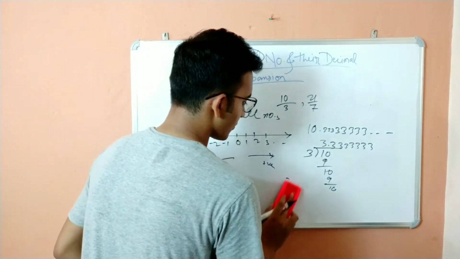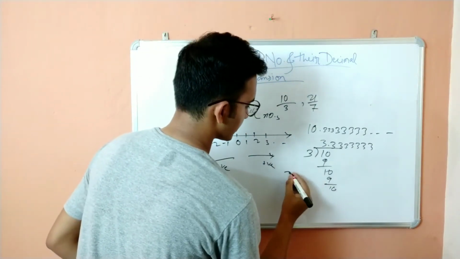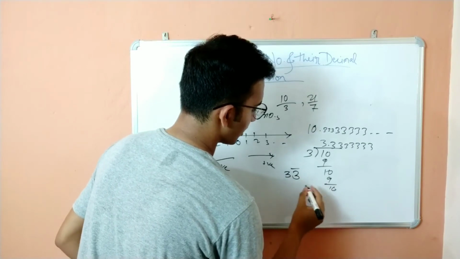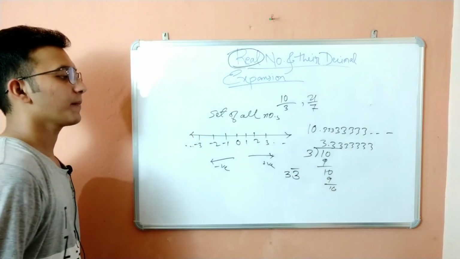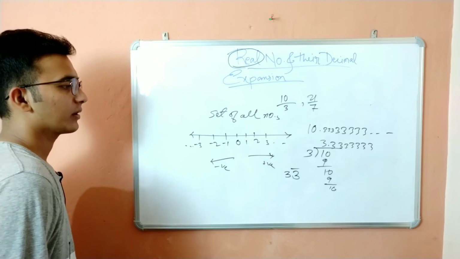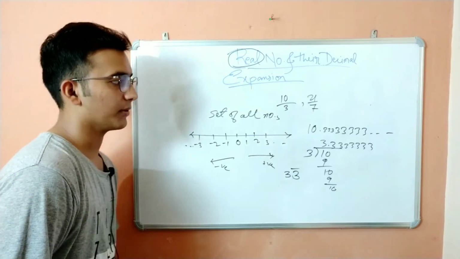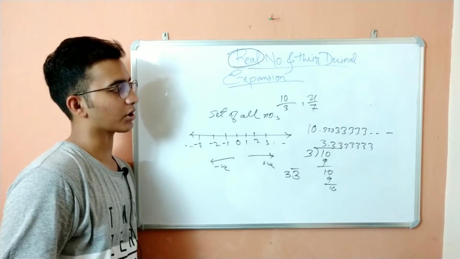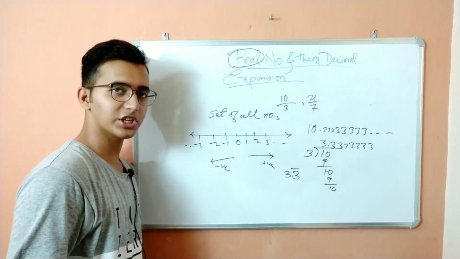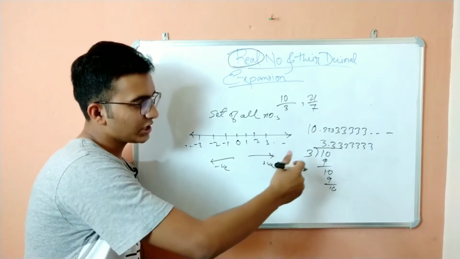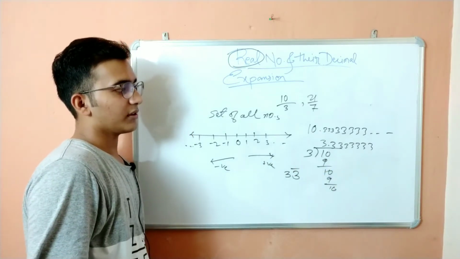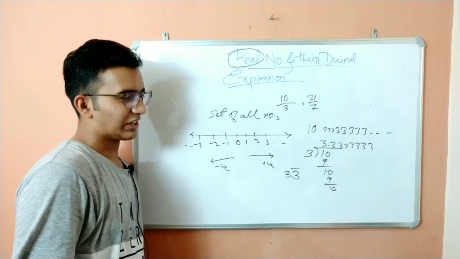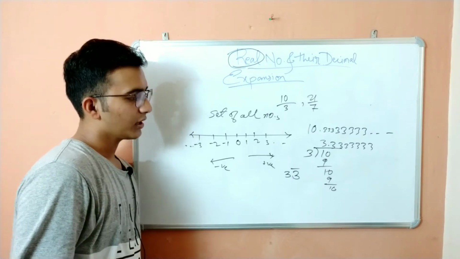But one thing to pay attention to over here is this 3.3 bar, where will you put this number? Obviously this is a rational number, 10 by 3, p by q, where q is not equal to 0 and p and q both belong to the set of integers. This 3.33 goes on till really infinite.